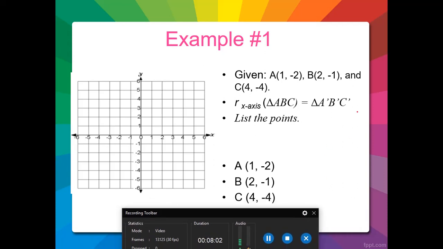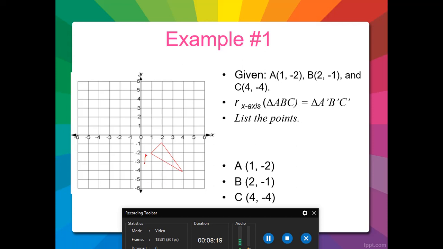Let's try an example. Normally they give you ordered pairs, so they're giving us A, B, and C. We're going to graph that in our coordinate grid. So these are the locations.